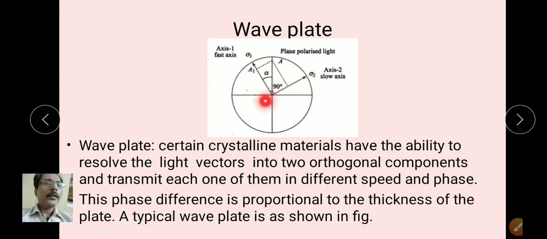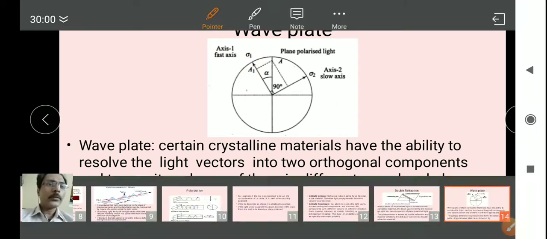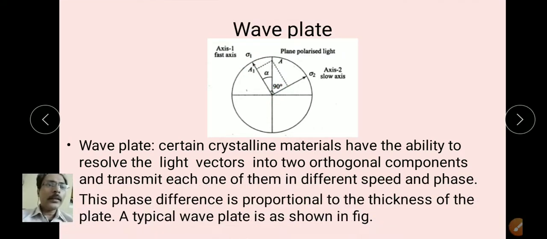The inclination is 90 degrees with respect to each stress. Sigma 1 and sigma 2 are the principal stresses. The light vectors moving in these directions represent the principal stresses. Sigma 1 is the fast moving axis, and sigma 2 is the slow moving axis.